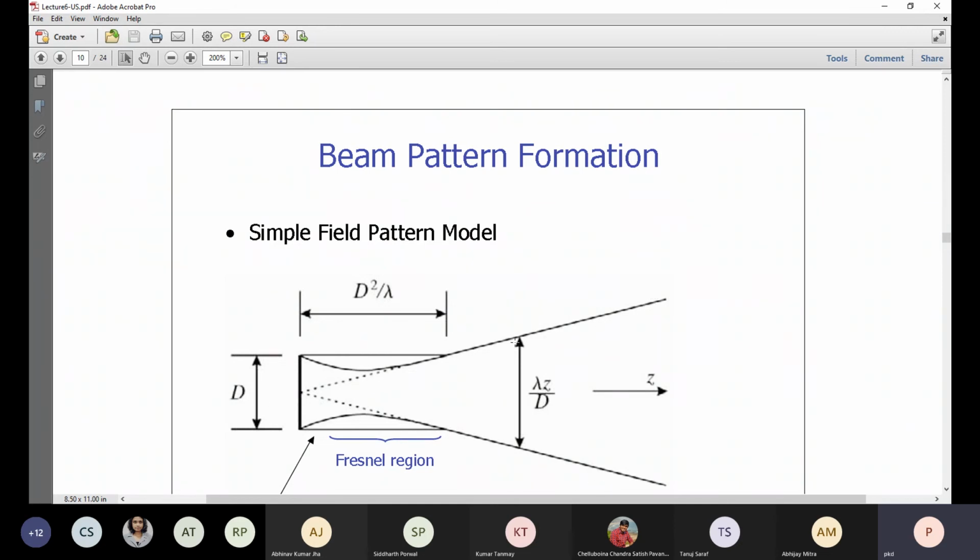Now, if we have a source which is a combination of multiple point sources, all such point sources will radiate in divergent fashions, like the planes.